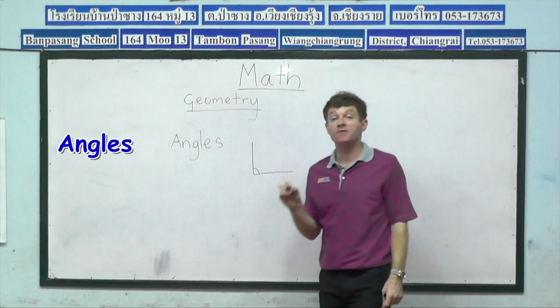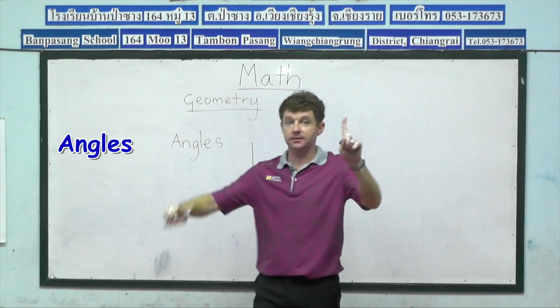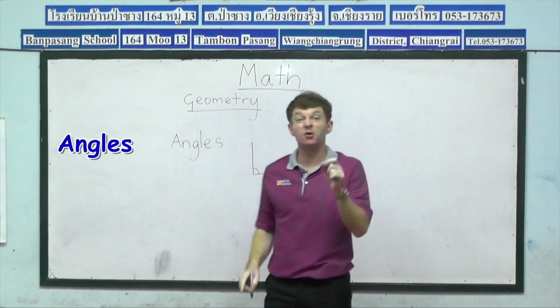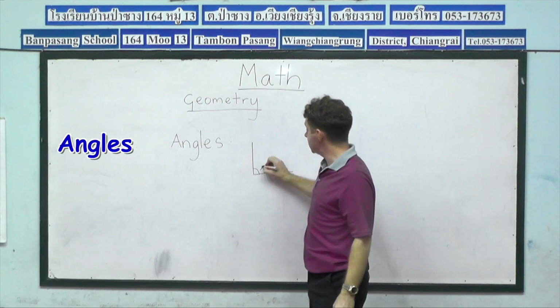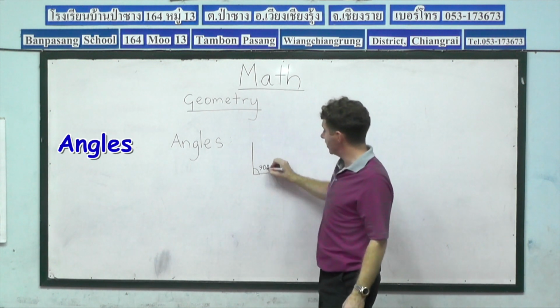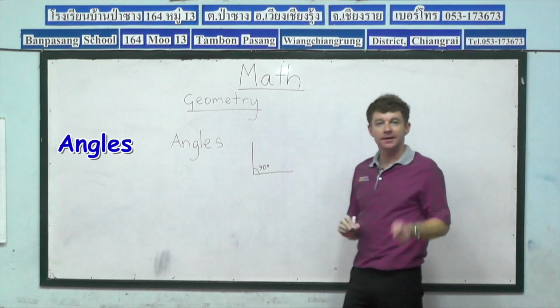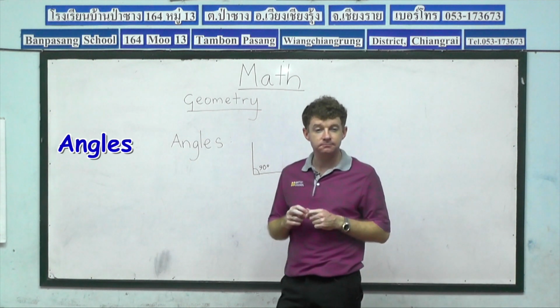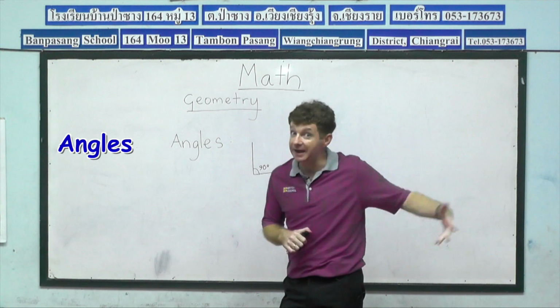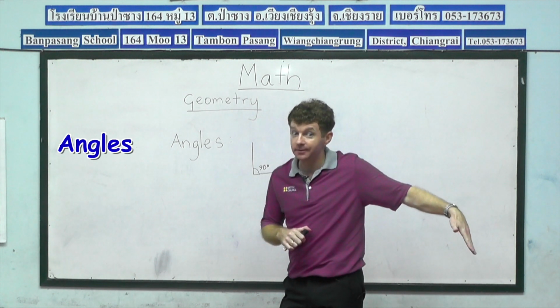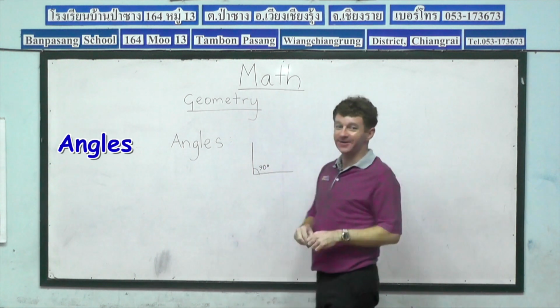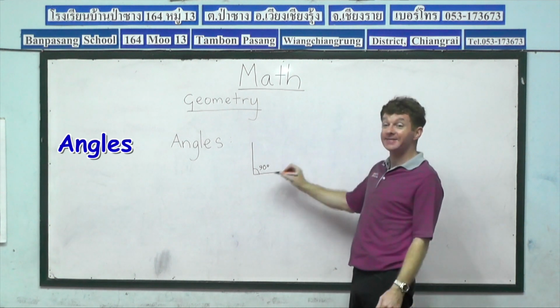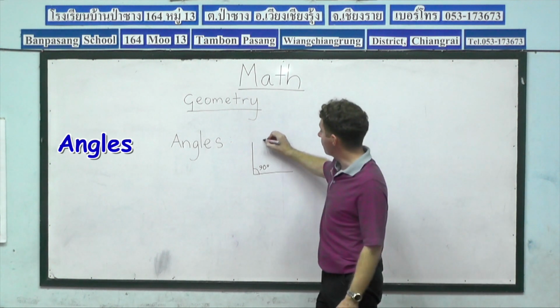And this type of angle with one vertical line and one horizontal line creates a 90-degree angle. Now, can anybody remember what type of angle we call this? I'll give you a clue. It's not left angle, right angle. Well done. We call a 90-degree angle right angle.